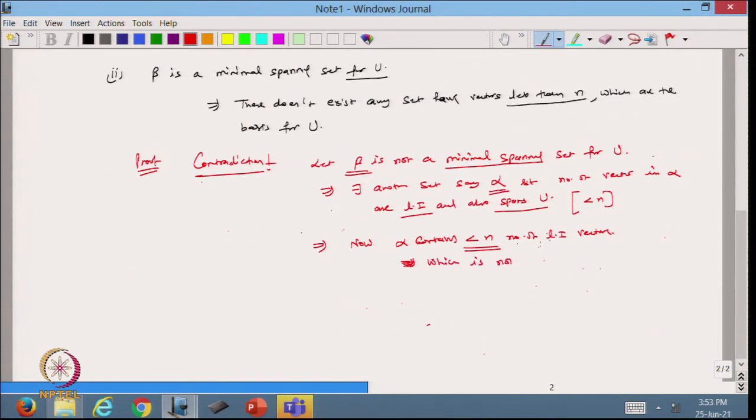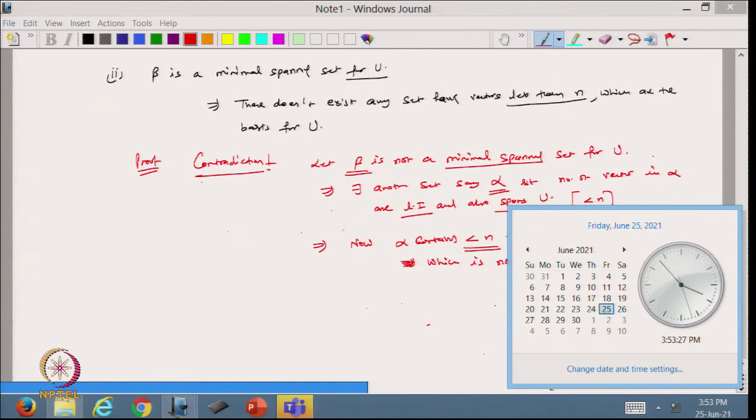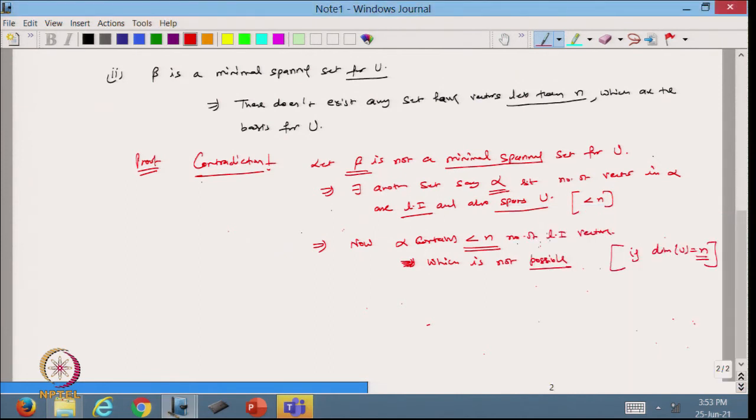Which is not possible, because if the dimension of U is n, then its basis definitely should contain n elements. But here, if I take alpha as a minimal spanning set less than beta, then it contains fewer than n vectors, which is not possible. So, from here we can say that this is the minimal spanning set.